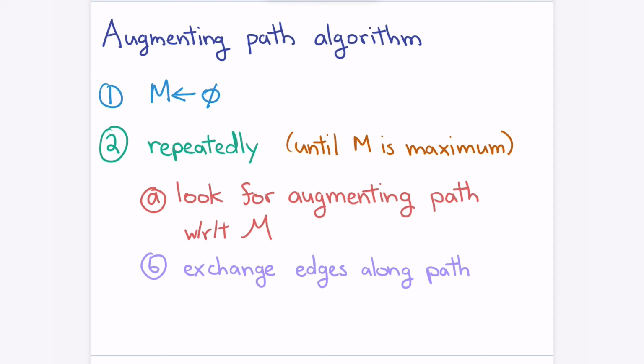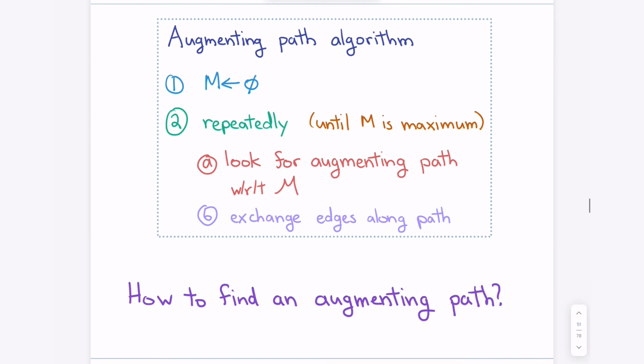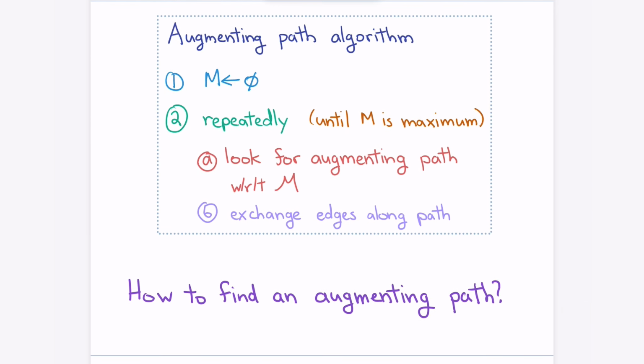I'll start at a free vertex and start walking around. If I find an augmenting path, then I can do this augmentation along it and improve my solution. And if I conclude there are no augmenting paths, then I'm done. So the next question is, how do we find an augmenting path?